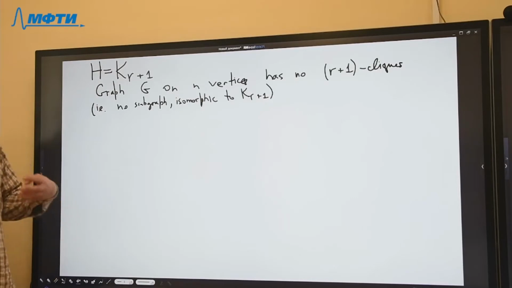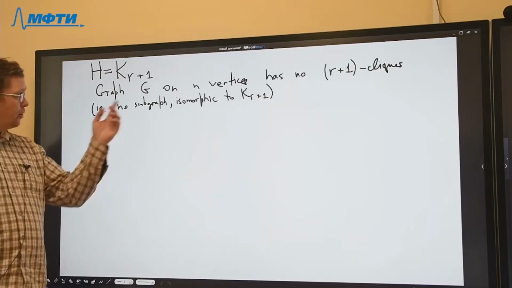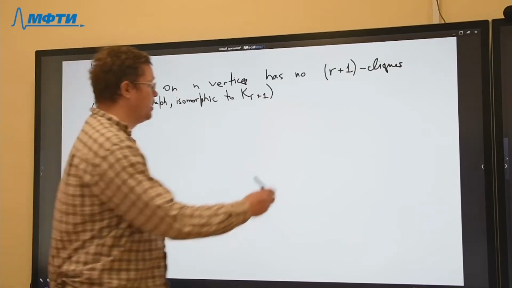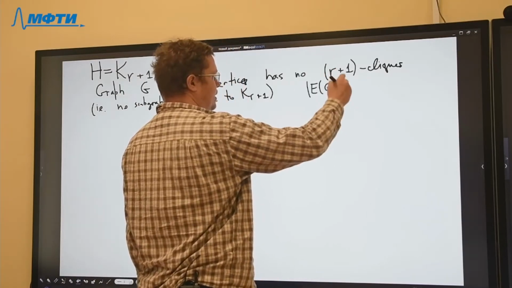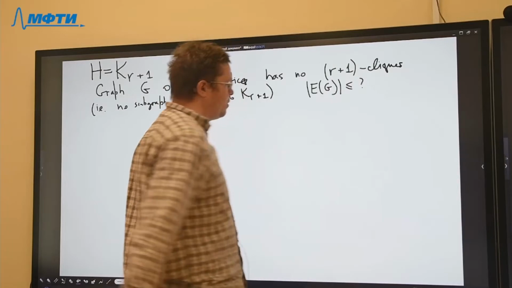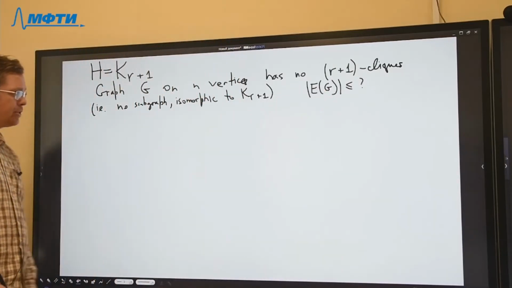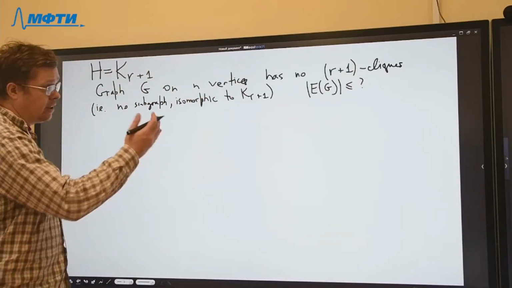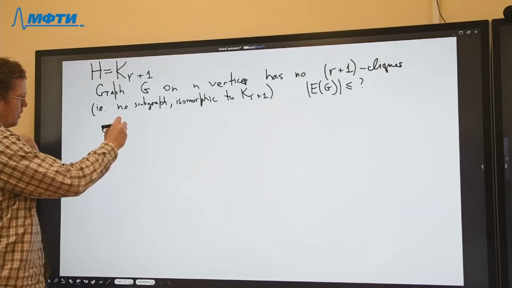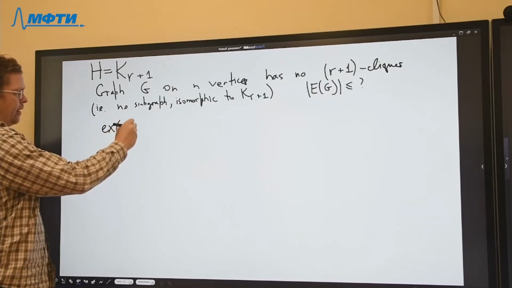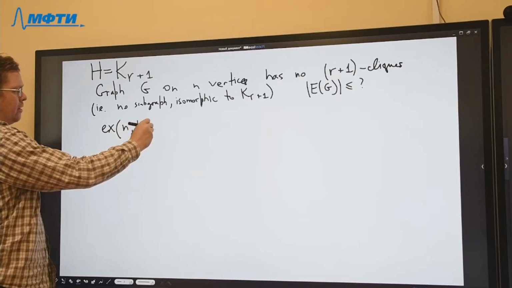What is the maximal possible number of edges this graph can have? So what should we do? As I mentioned before, we can just denote this by ex_n of K_{r+1}.